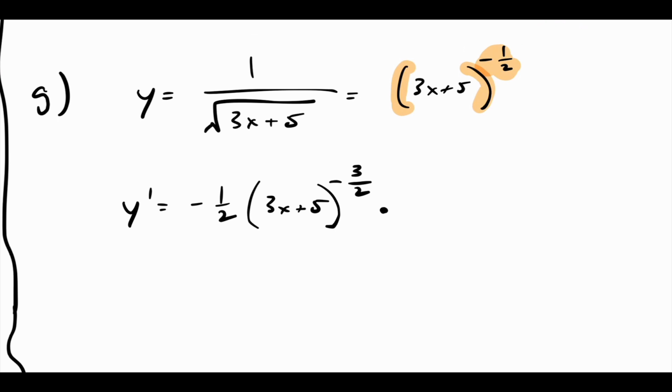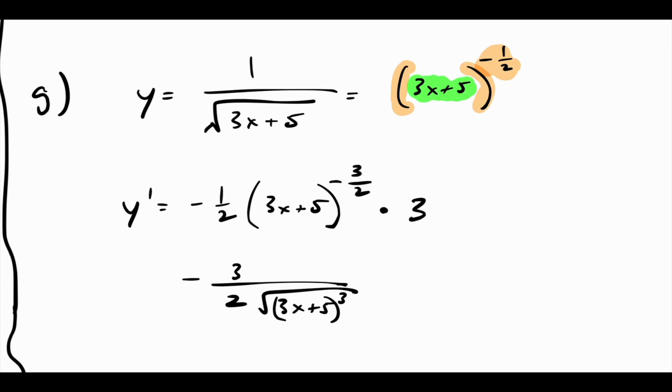Chain. Now the inside: 3. Multiply negative 1/2 times 3, you get negative 3/2. Move this guy back to the bottom. It's going to be the square root of 3x plus 5 cubed.